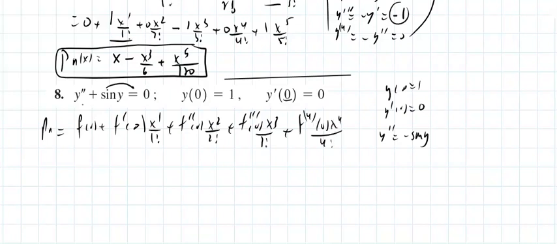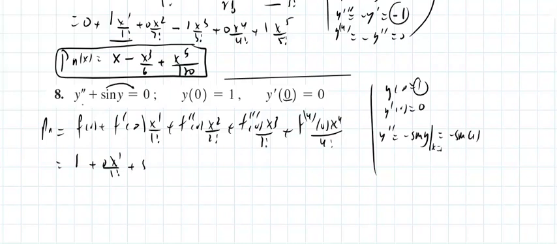And you notice they're all centered at 0. If it was centered at anything else, it wouldn't be that much different. So I already have a 1 right there, but I have a 0 x to the 1 over 1 factorial. Now if I plug in x equals 0, y is 1, so that's negative the sine of 1. Okay, that's good. Plus, oh, minus actually. Sine of 1, you could plug that in the calculator if you want, but you could leave it like that.